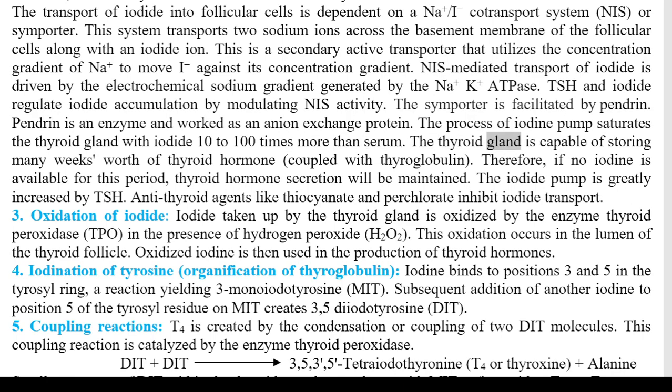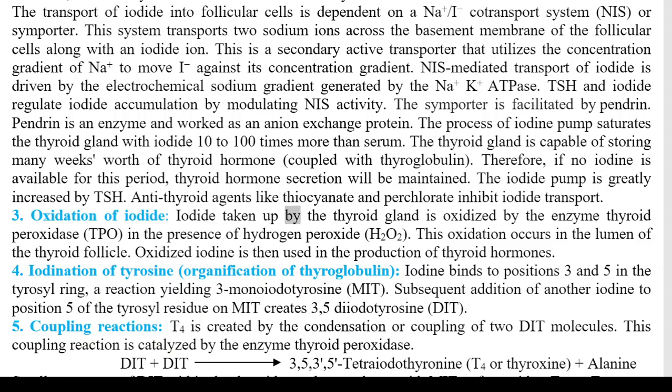The thyroid gland is capable of storing many weeks' worth of thyroid hormone, coupled with thyroglobulin. Therefore, if no iodine is available for this period, thyroid hormone secretion will be maintained. The iodide pump is greatly increased by TSH. Antithyroid agents like thiocyanate and perchlorate inhibit iodide transport. 3. Oxidation of iodide.